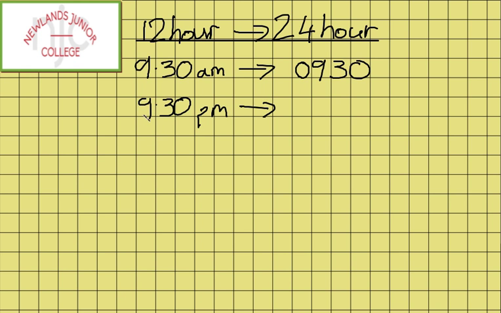So rather than having 9, we have 9 plus 12, which gives us 21. The minutes, they stay the same. Notice, of course, that we still have 4 digits in exactly the same way that we had in our previous example.